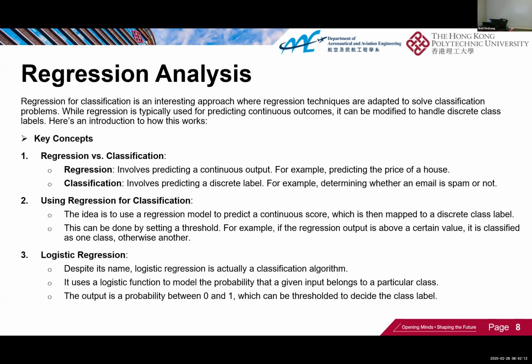For example, the prediction of a house price can be a continuous value: a house of 100 square meters can be 2 million HKD, or 3 million. But for a classification problem, the result is binary, 0 or 1.